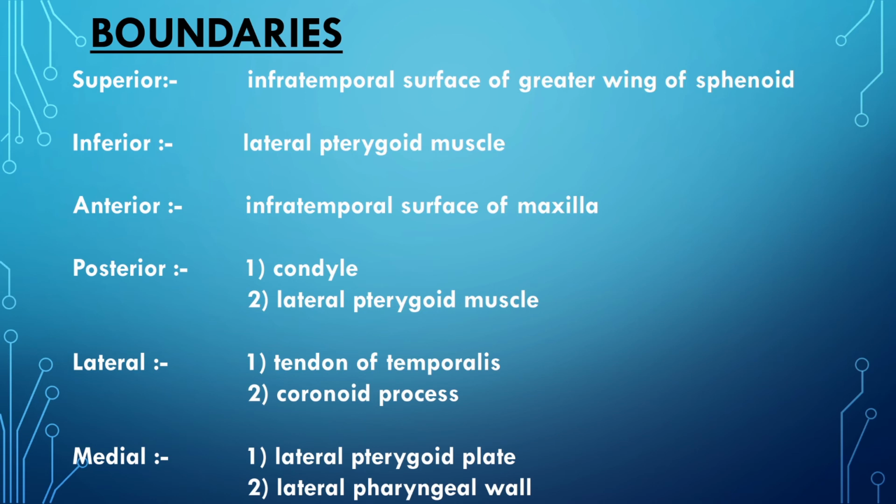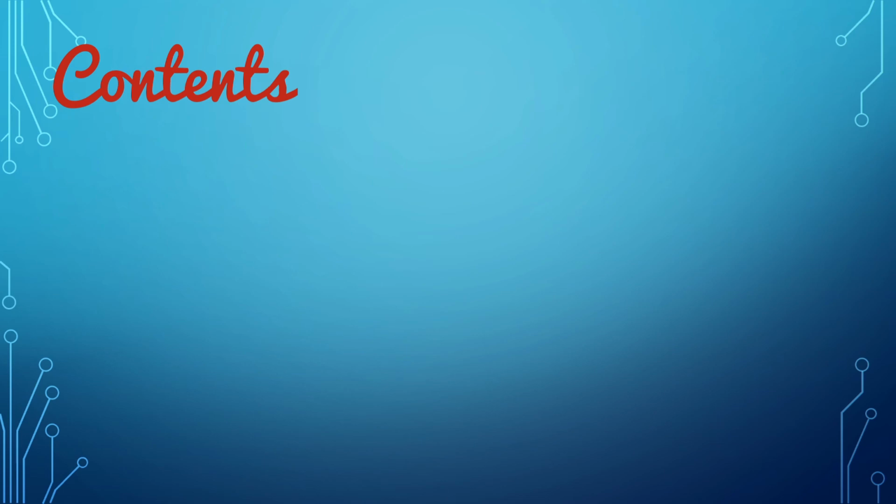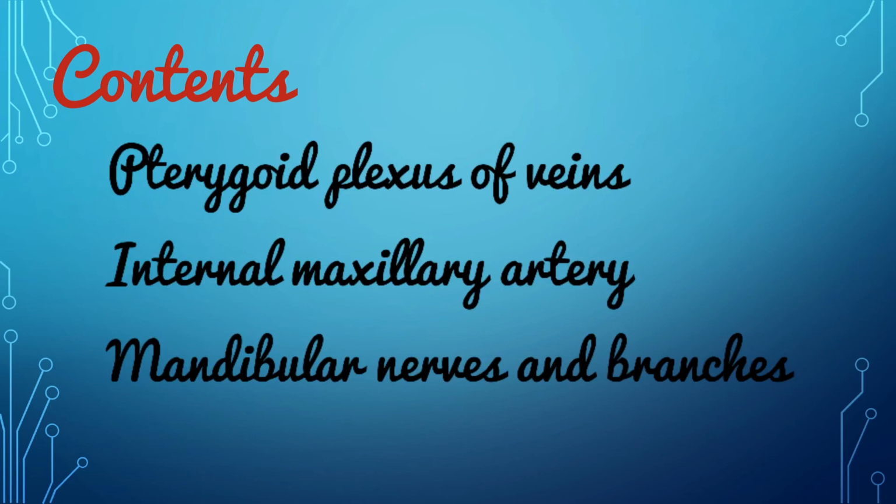Anteriorly, by the infratemporal surface of the maxilla. Posteriorly, by the condyle and lateral pterygoid muscle. Laterally, by the temporalis tendon and coronoid process. Medially, by the lateral pterygoid plate and lateral pharyngeal wall. The contents of the infratemporal space include the pterygoid plexus of veins, internal maxillary artery, and mandibular nerve and branches.